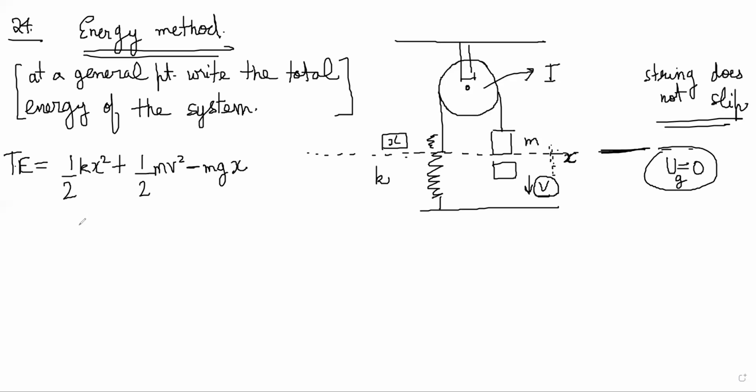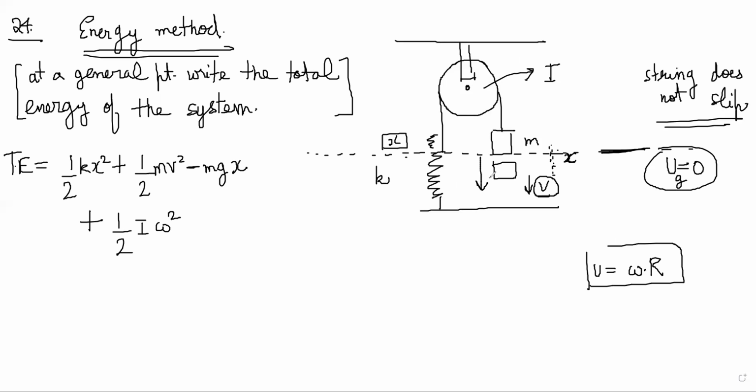And it will also have half I omega square for the pulley, since the pulley will be rotating. Also, we have a relation that v should be equal to omega into R, the radius of the pulley.